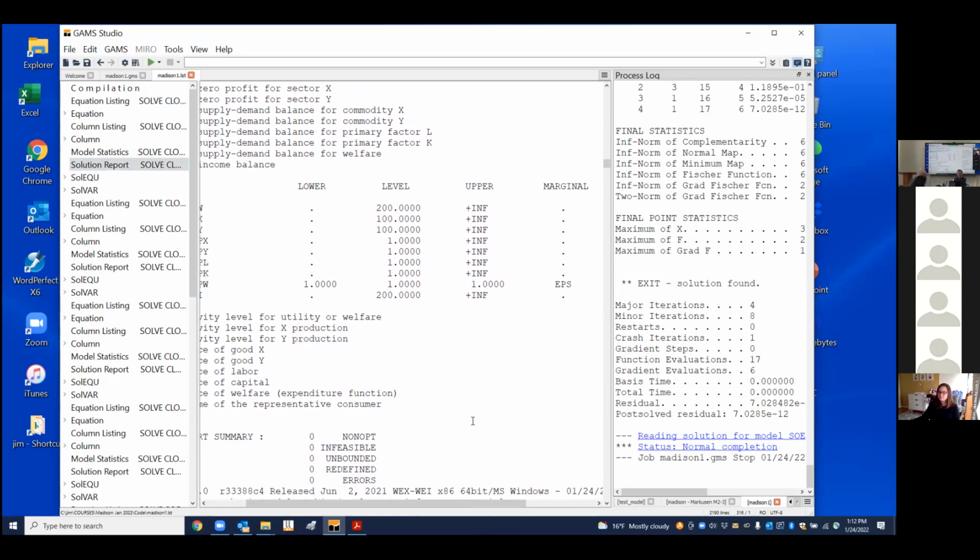It's given back the same values that we put into it. That little EPS is epsilon, just a rounding error, and it usually is on the thing you've chosen as numeraire. This is what Tom said about fixing a variable: you're actually fixing both its upper and lower bounds at the same time in just one command. To unfix the variable, you need two statements, and that's somewhere in the model. If this isn't working, there's no point going on and looking at counterfactuals because something is wrong.